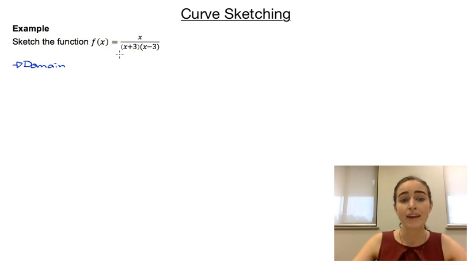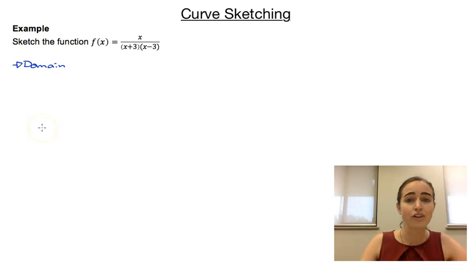So the domain is all the values of x that that function can take on. So if we have a look at this, because we've got a fraction, we know that the denominator of a fraction can't be 0 because we can't divide by 0. So that means that x cannot be equal to minus 3, because if it was, that first bracket would be equal to 0. And it can't be equal to positive 3 because the second bracket would be 0.